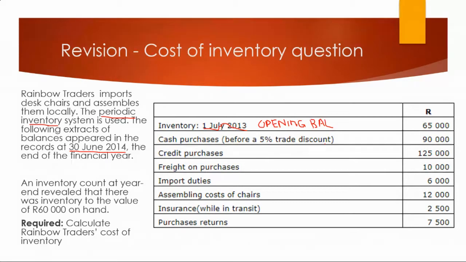Okay, so the opening balance. And then we have an inventory count at year-end that revealed that there was inventory on hand of 60,000. So 60,000 based on the inventory count. So this would be our closing balance. Okay, I'm just going to write here closing.